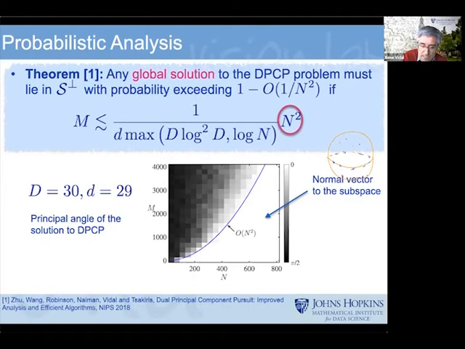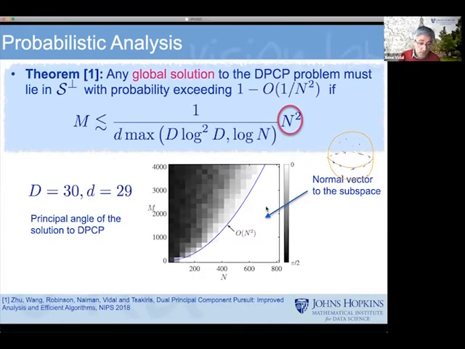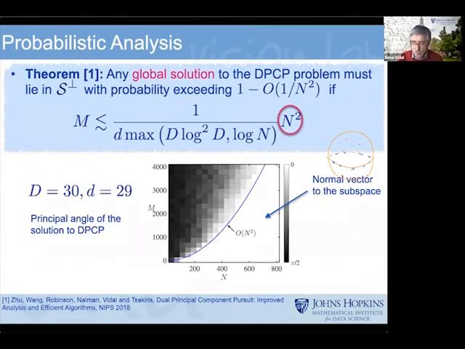And 0 means that you did not succeed. And so, as you can see, there is something like a phase transition occurring between the white region and the black region. And the boundary of where that phase transition occurs can be well approximated by O of n squared. This is what this picture is illustrating.